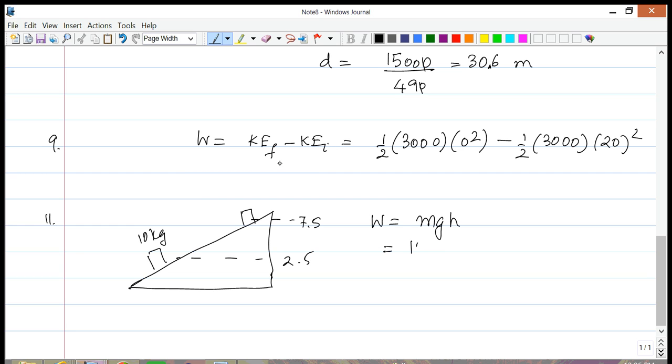So all you do is mgh, which is 10 times 9.8 times the height h, which happens to be 5. But because the object is going up and gravity is pointing down, we have a negative sign here. So it ends up being equal to negative 490 joules. For the object going up, the work by gravity will be negative mgh, and for the object going down, it will be plus mgh due to gravity. So it will be negative because it's going up, positive if it were going down.